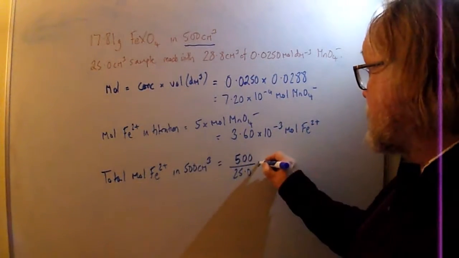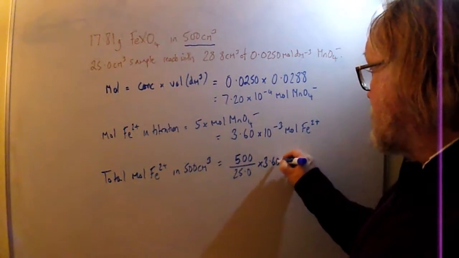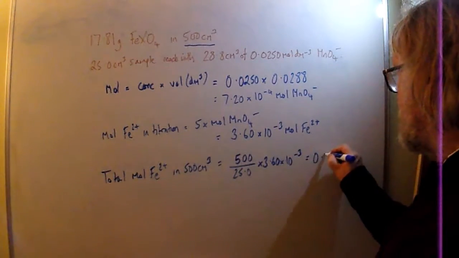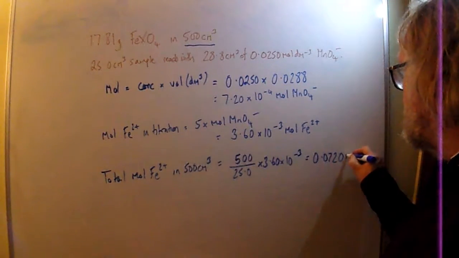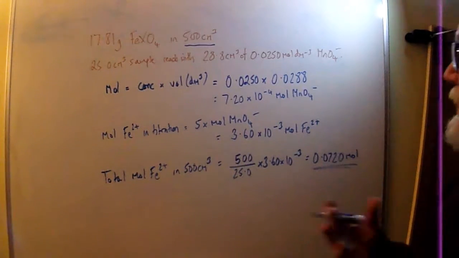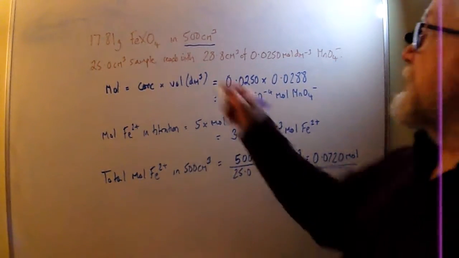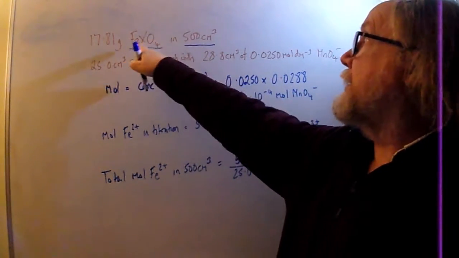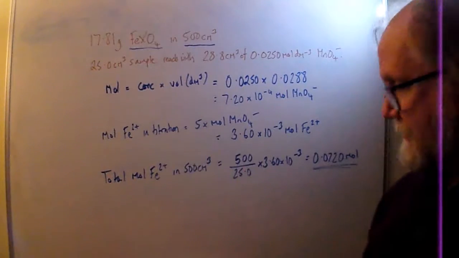That's the total volume, times 3.6 times 10 to the minus 3, which is 0.0720 moles. Okay, so now we know the moles of Fe2 plus, but we're interested in this compound. But you can see from the formula that there's just one Fe2 plus in it.